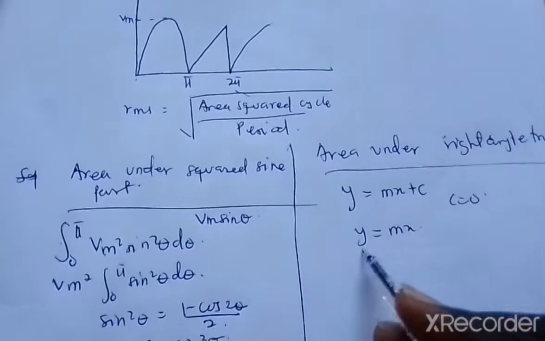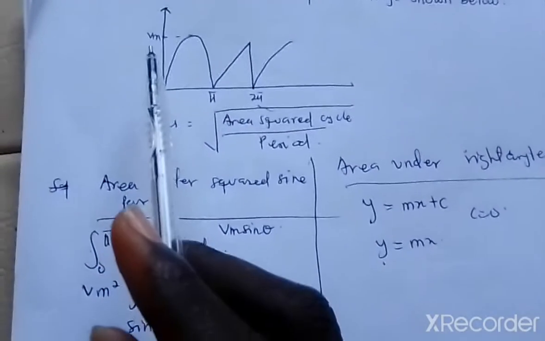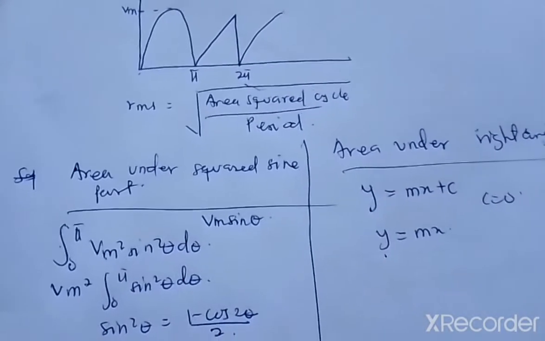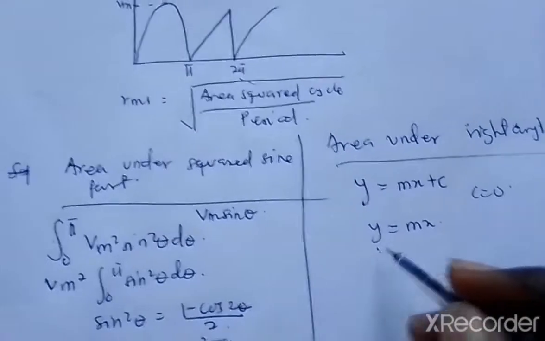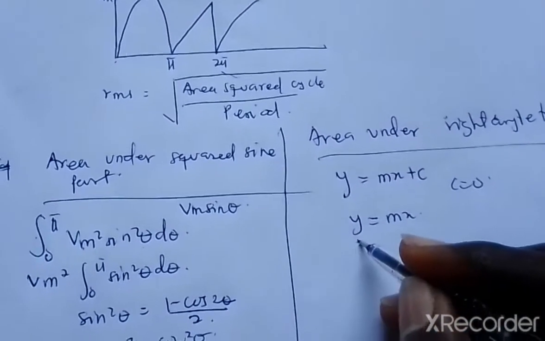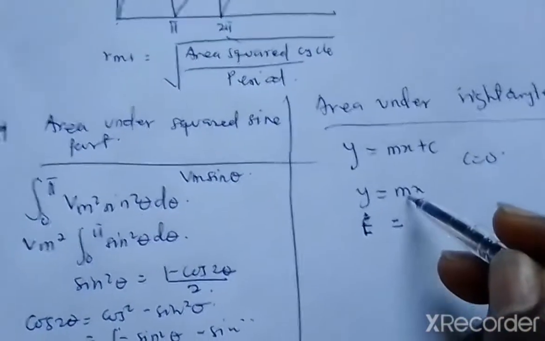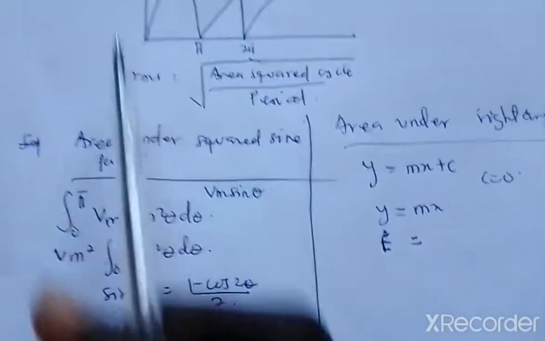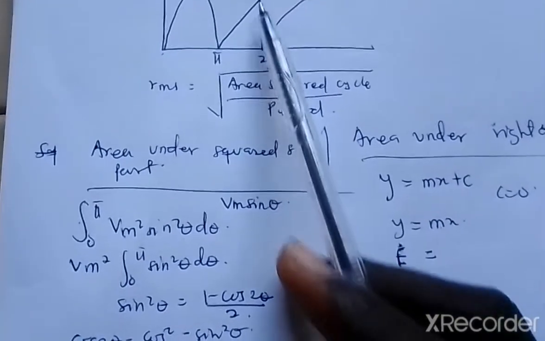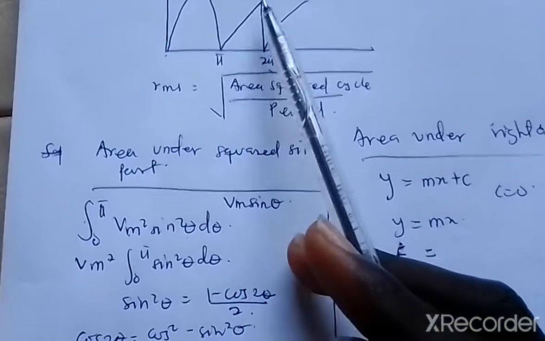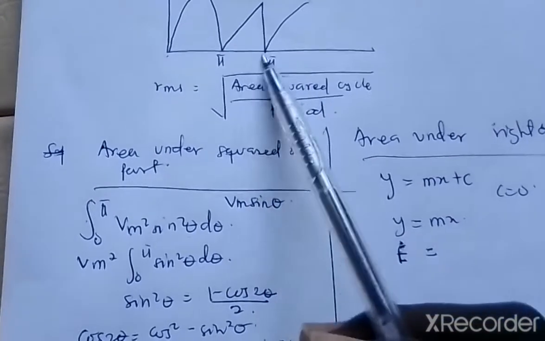But my y is the top part, that is this part, the ordinate. So that is going to be my e. That is what I want, the cycle of the triangle. So it's equal to, now this is the gradient. The gradient is the y value, that is Vm on pi, that is y over x, and our y is Vm, and our x is going to be pi.